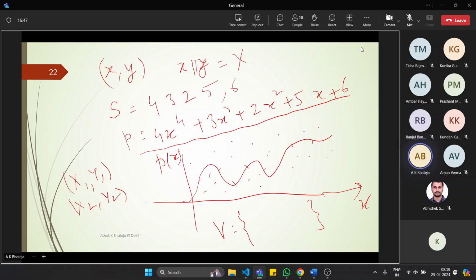But the points which are not lying on the polynomial are, say, millions or trillions. So it is a hard problem to find out the points which are lying on the polynomial from this set V actually. So unless one can find the points which are lying on the polynomial, it is not possible to reconstruct this polynomial. If it is not possible to reconstruct the polynomial, then it is also difficult to find out these coefficients. And these coefficients are the secret basically.